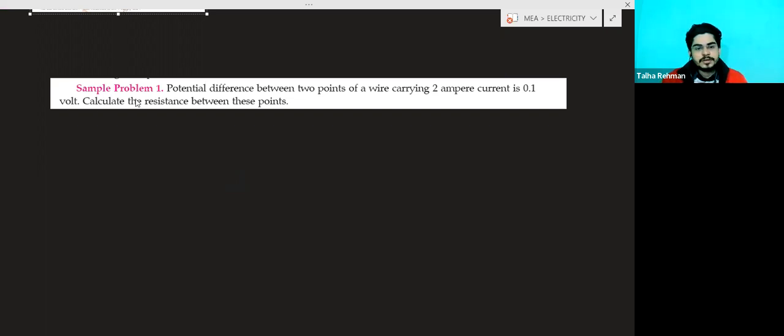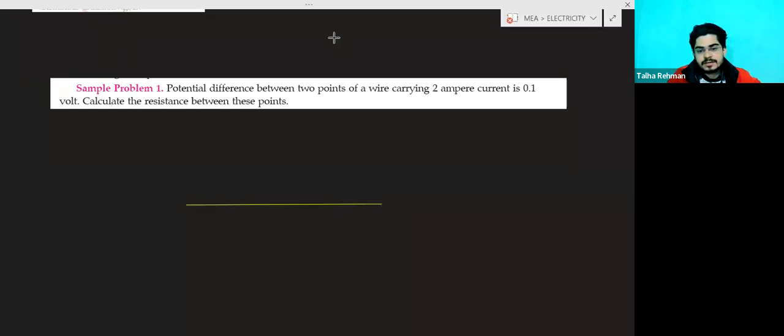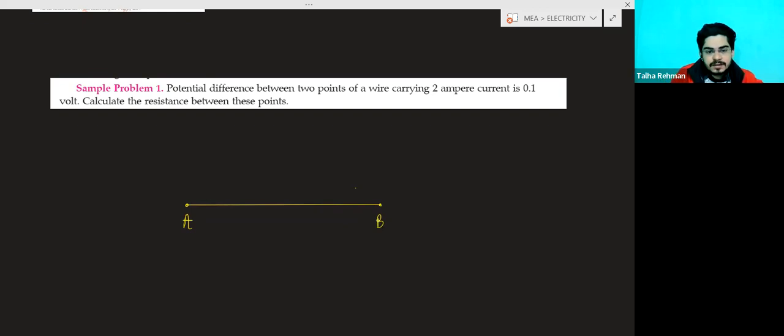Okay, so see this question. Potential difference between 2 points of a wire carrying 2 ampere current is 0.1 volt. So you can take a wire, suppose this is point A of the wire and this is point B of the wire. There are 2 points of the wire. They are saying the potential difference between these 2 points is given, V is equal to 0.1 volt, and in this wire there is a current of 2 ampere.